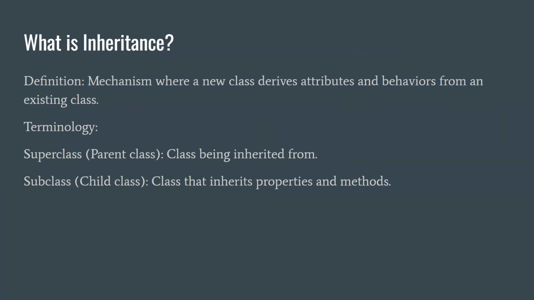So what is inheritance? Inheritance is a powerful feature of OOP that allows you to create new classes that are built upon existing classes. When a class inherits from another, it automatically adopts its properties and methods.